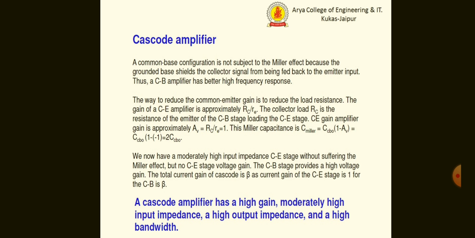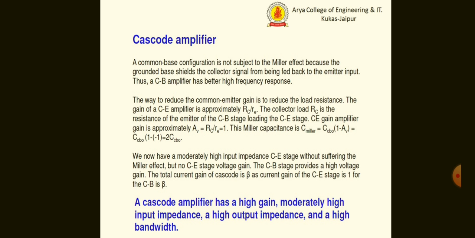The gain of a common emitter amplifier is approximately RC, the collector resistance, upon RE. The collector load RC is the resistance of the emitter of the common base loading the CE stage. So the common emitter amplifier gain is approximately RC upon RE, which is almost unity.